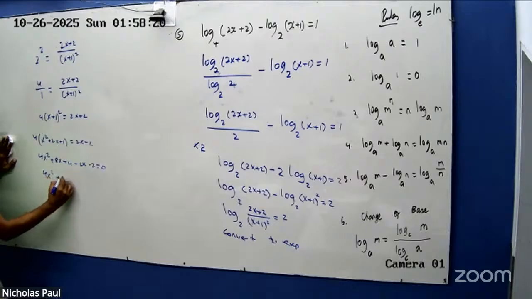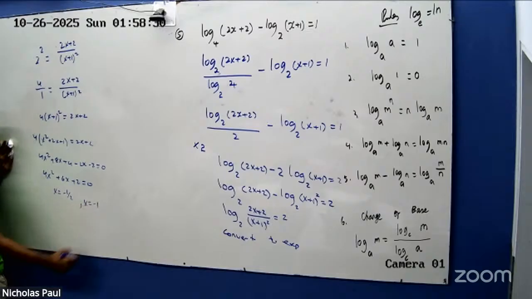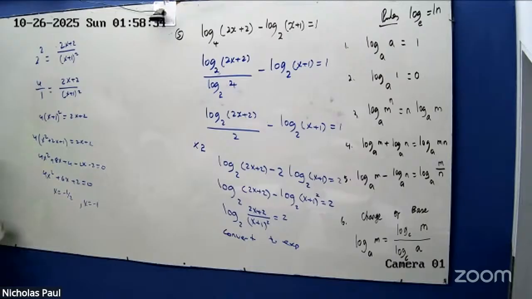This is 6x plus 2 is 0. Minus a half and minus 1. Right, the minus 1 won't work, so the only valid solution is this.